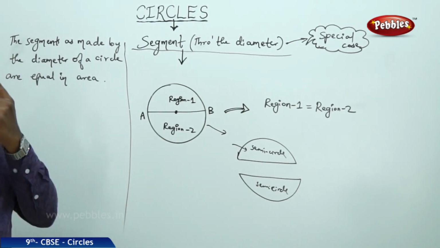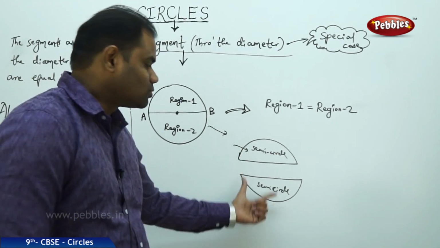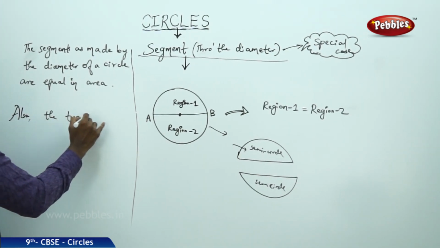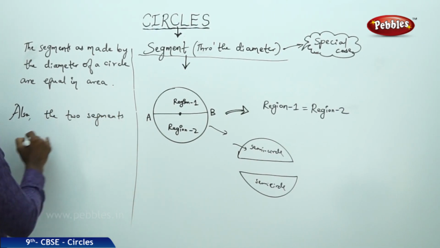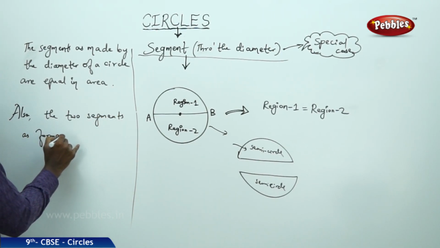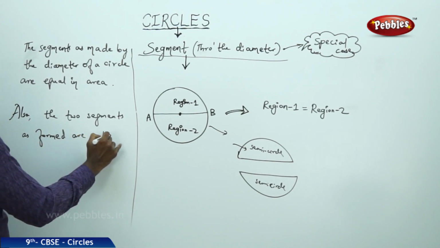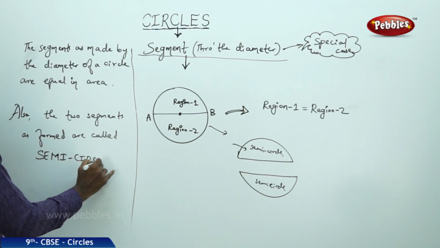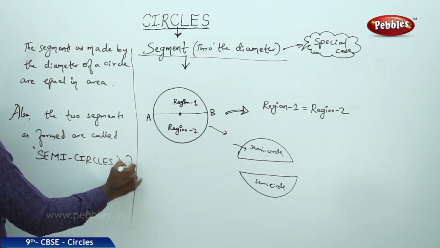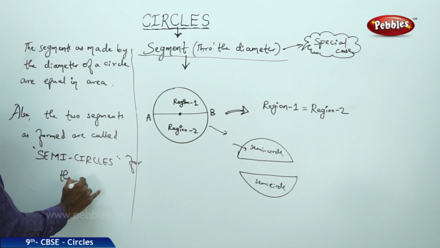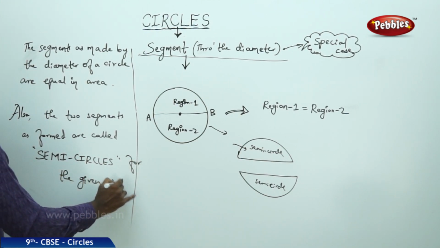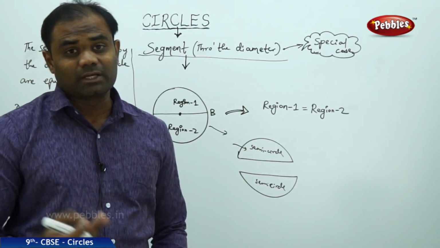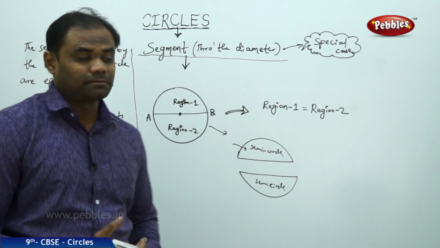So when the circle is divided along the diameter, they form two different semicircles, and therefore the two segments as formed are called semicircles for the given circle, because this is the other way of defining a semicircle through the segment definition.